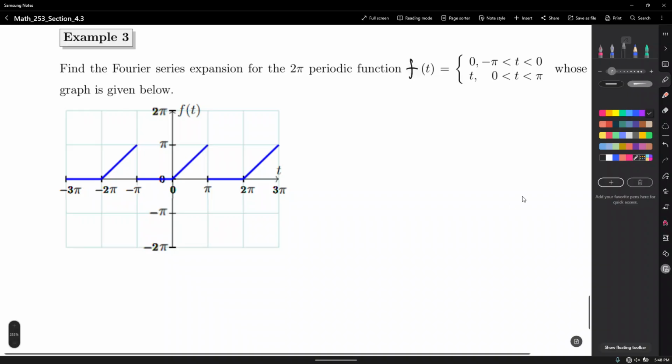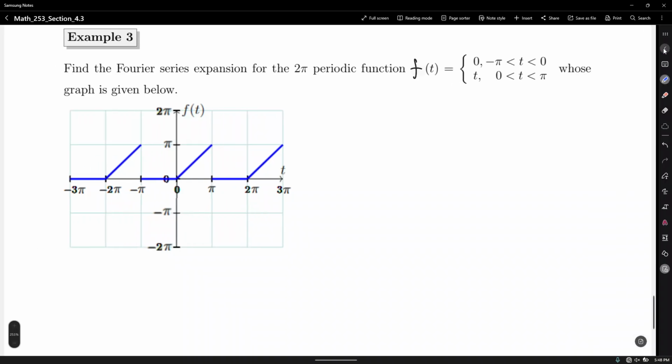All right. So what do we have for this function actually? Well, we have a function whose value is equal to 0 in the interval negative pi to 0, as stated in the piecewise function. Also, we can see the graphic representation. And then we have a diagonal line y equals t between 0 and pi.